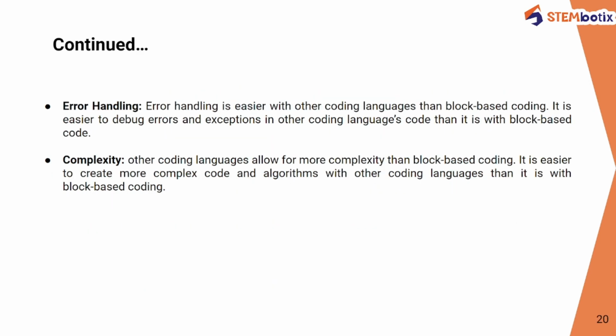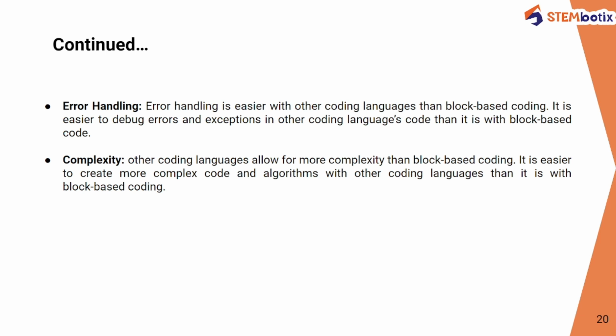The other one is error handling. Now, error handling is easier with other coding languages than block-based coding because it is easier to debug errors and exceptions in the other coding languages than it is with block-based coding. Then after we have complexity. So other coding languages allow for more complexity than block-based coding. Means you can write more complex code in other programming languages very easily, compared with block coding.